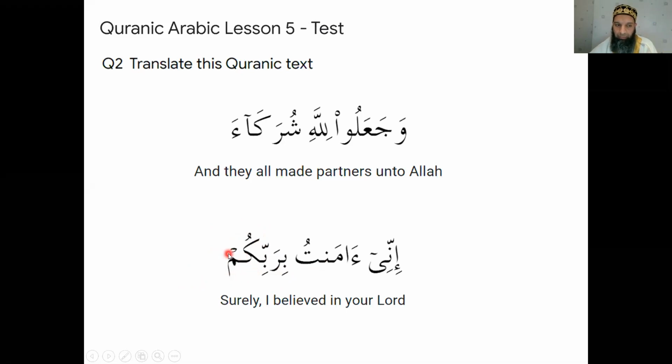The attached pronouns are super strong. They don't change because of grammar, something coming before them. So bi rabbi, that's where the kasra comes. Bi rabbi is majroor, and then kum, you all. So indeed I believed with or in your all's Lord. Okay?